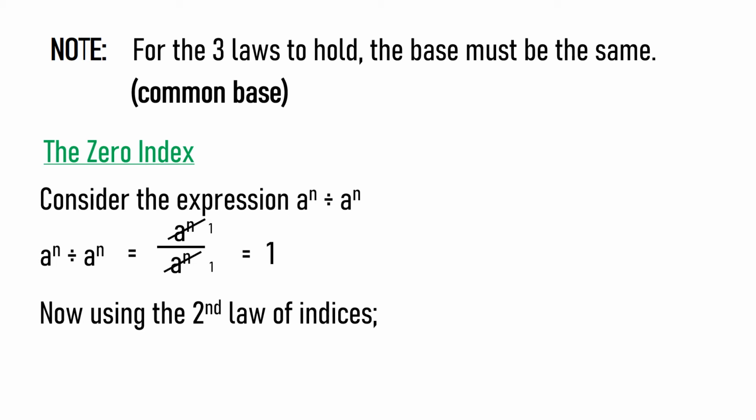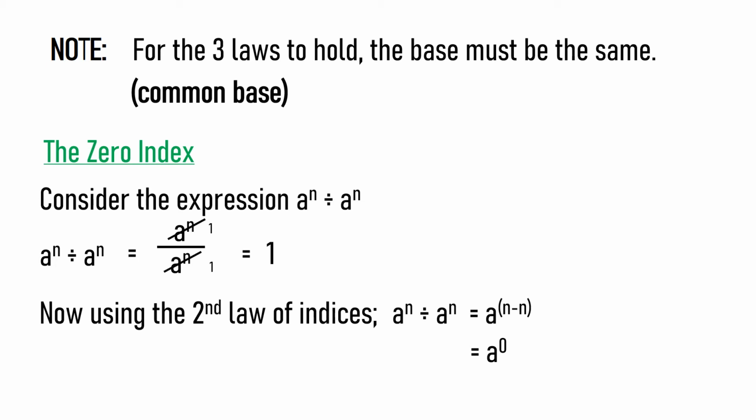Now, using the second law of indices, we have a power n divided by a power n, which is equal to a power n minus n. Since n minus n is 0, we therefore can have a power 0.